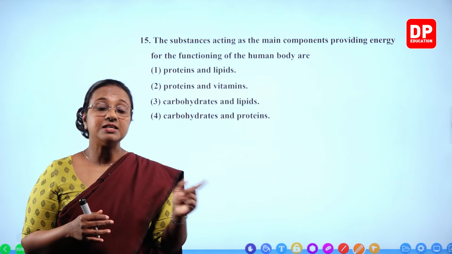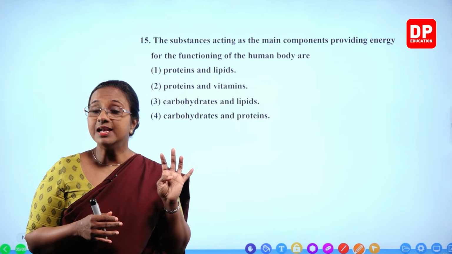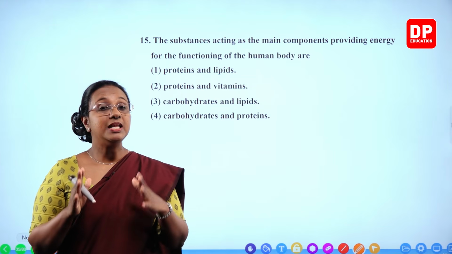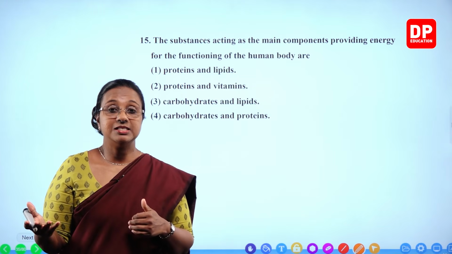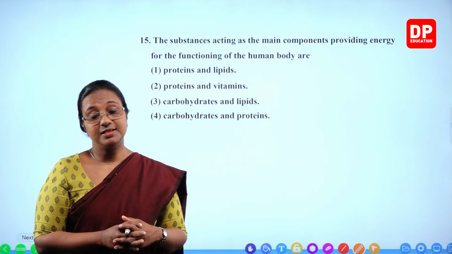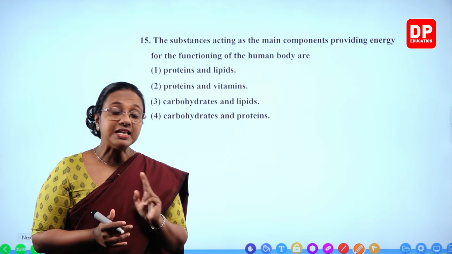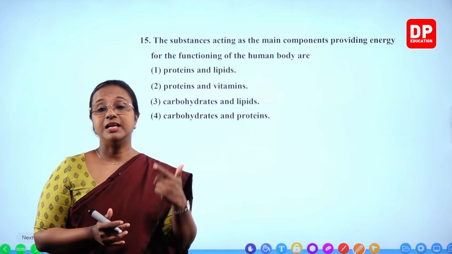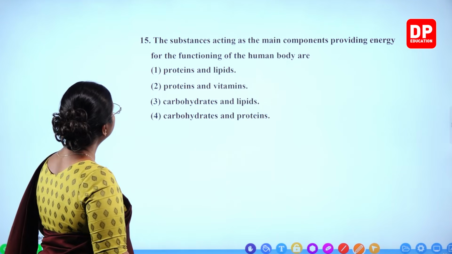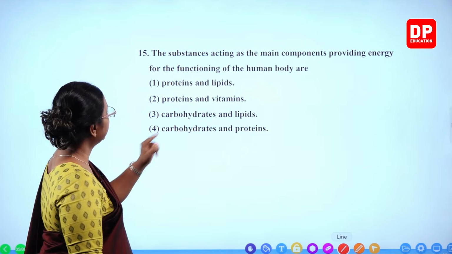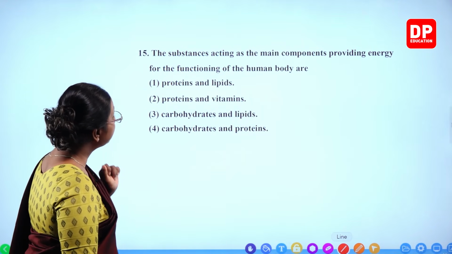So the main energy sources are carbohydrates and lipids. And another thing you have to remember, lipids provide more energy compared to carbohydrates. That is how the biomolecules are. But the main energy sources are carbohydrates and lipids. So if you look at the answers, you can see proteins and lipids, proteins and vitamins.